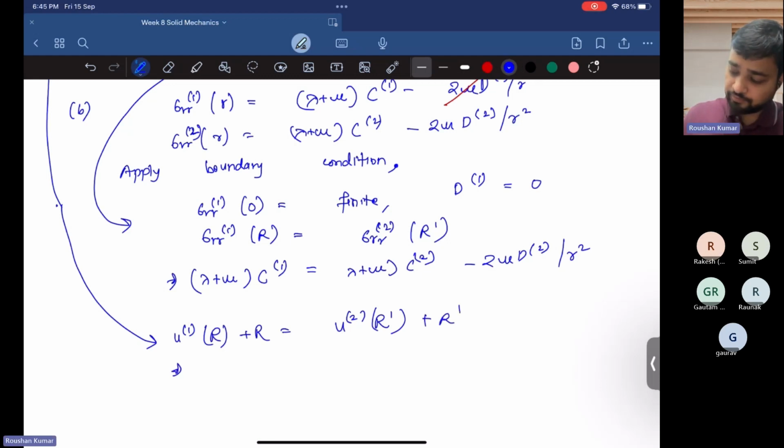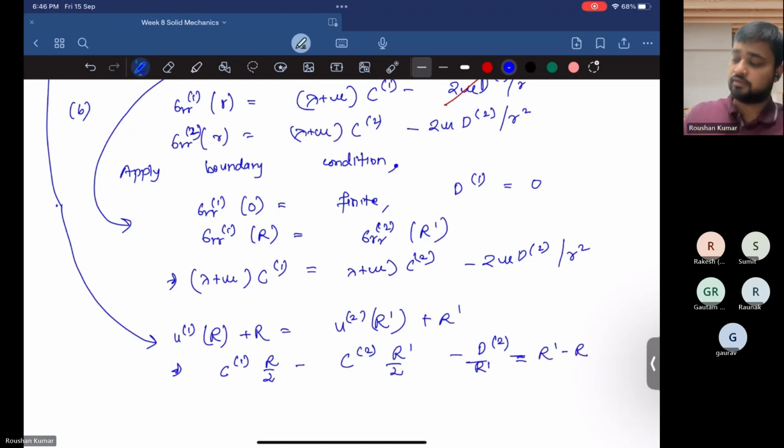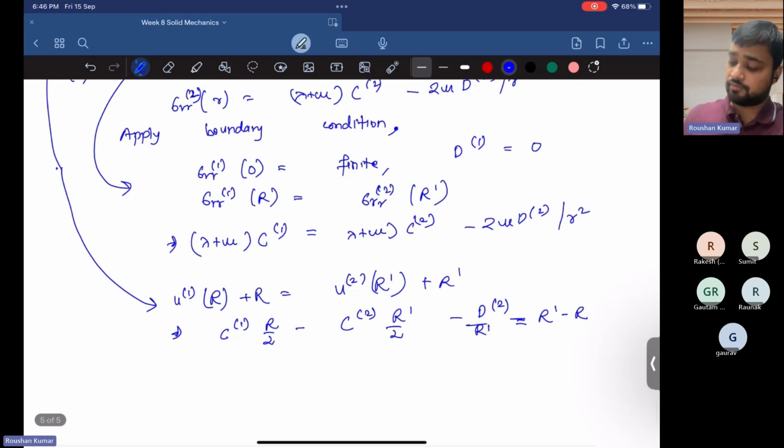So it will become C1 R1 by 2 minus C2 R1 by 2 minus D2 upon R1 equal to R1 minus R. Then we apply the boundary condition sigma rr at 2 at R2 equal to 0, that is the traction free boundary condition.